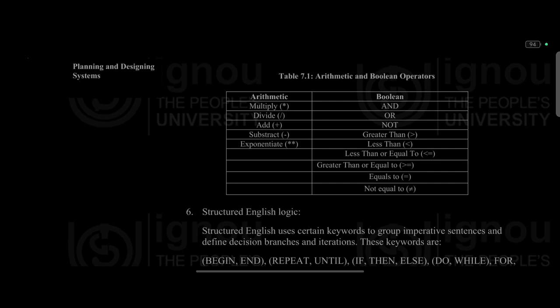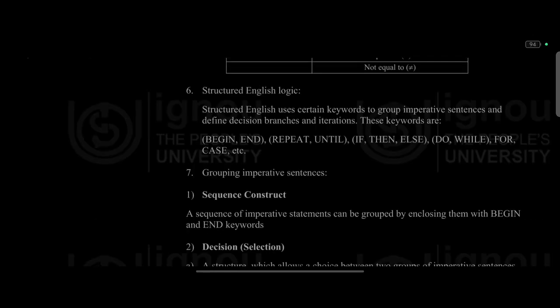Let's see arithmetic: multiply, divide, add, subtract, exponentiate. Boolean: and, or, not, greater than, less than, less than or equal to, greater than or equal to, equal to, not equal to. Now comes structured English logic.